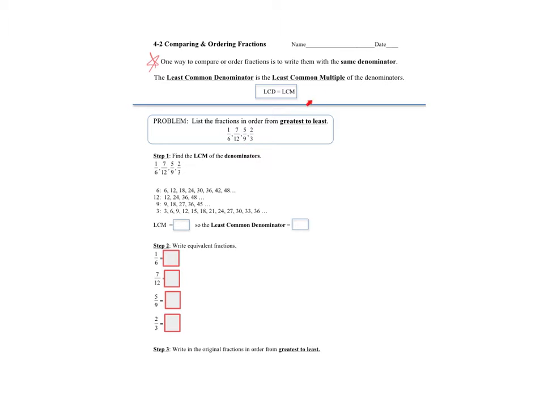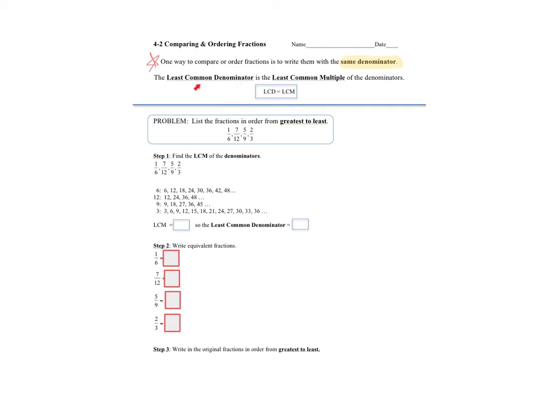However, my darlings, if we were to give them all the same denominator, actually that is so important, I'm going to highlight that, the same denominator, then it would be so much easier to compare them. We're going to talk about this right here. It's called the least common denominator.